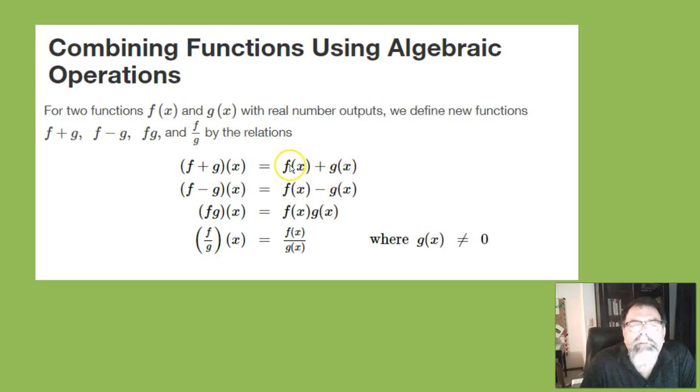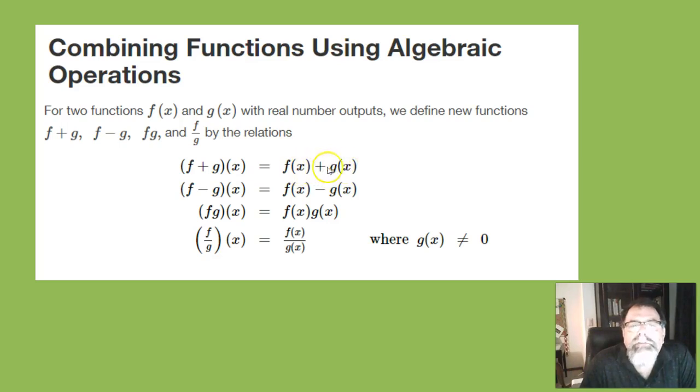Okay, the long-winded version. F of x is the y value of the function f for the given x value. So this is the y value that goes with x according to the f function rule, or however you define f. And then this is the y value for the function g for the given x value.